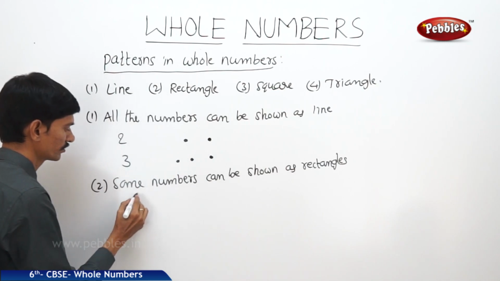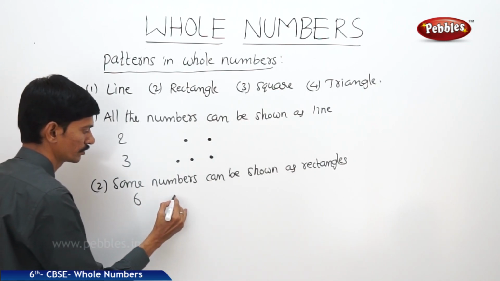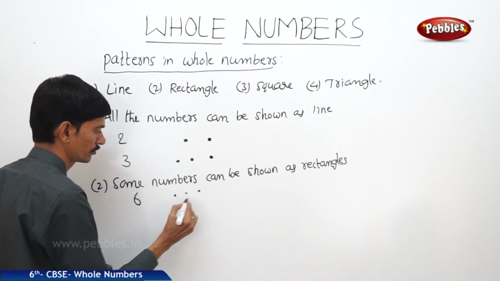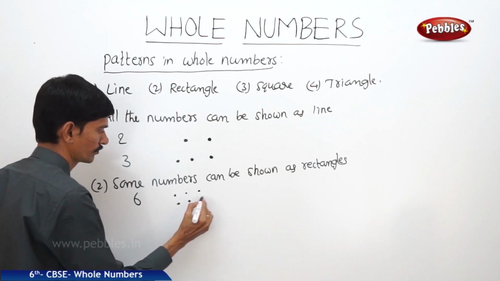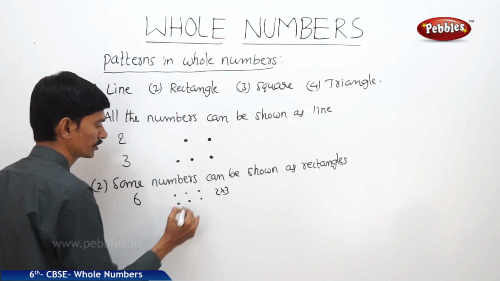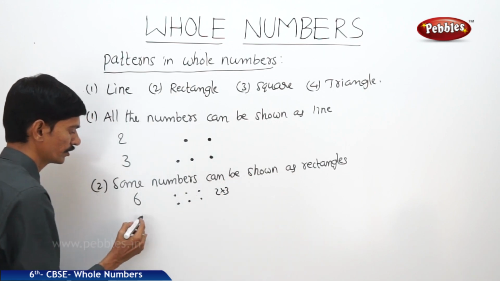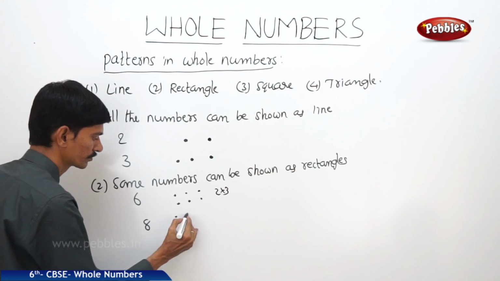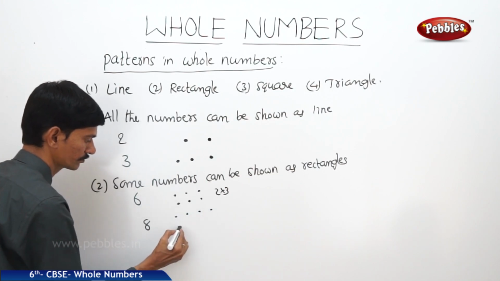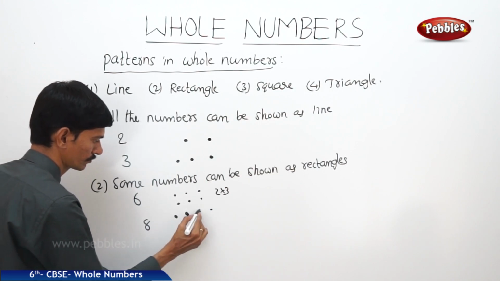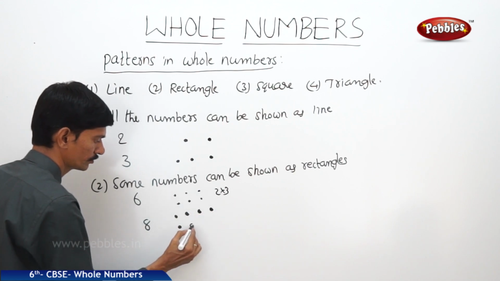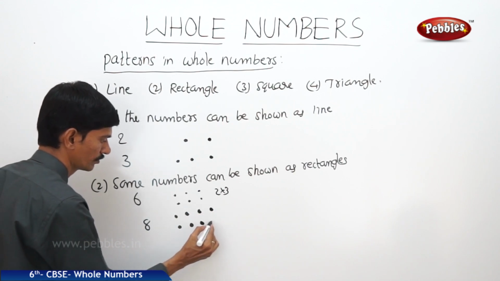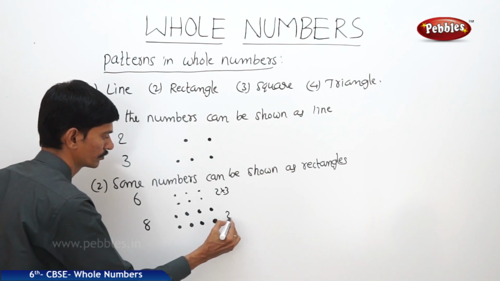For example, 6 is there, so we can show as 2 into 3, 2 rows and 3 columns. And if a number 8 is there, then we can show 1, 2, 3, 4. So 2 fours are 8.